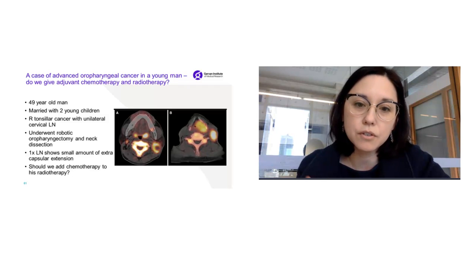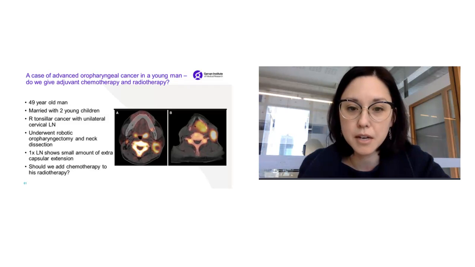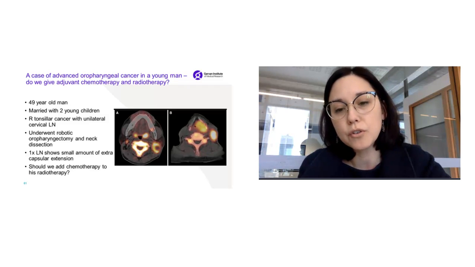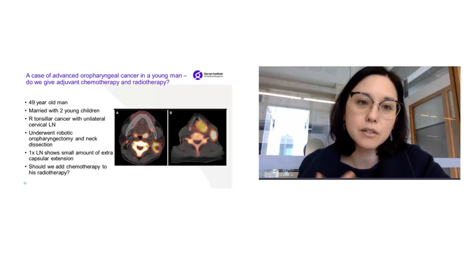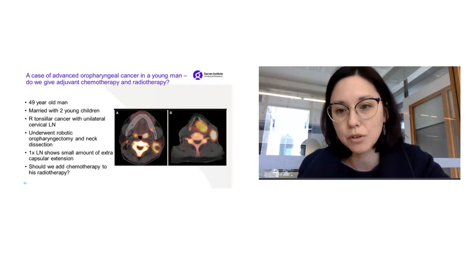He undergoes surgery, a robotic resection with an oropharyngectomy and a dissection of the lymph nodes in his neck. And one of the lymph nodes shows that the tumour is starting to grow outside the capsule of the lymph node. Now, this is traditionally a marker of poor prognosis and a reason why we would add radiotherapy and chemotherapy to the patient's treatment.